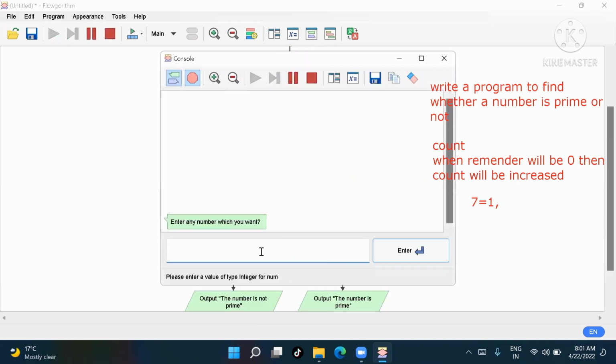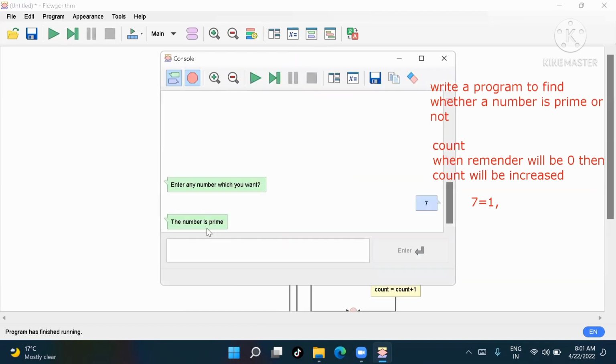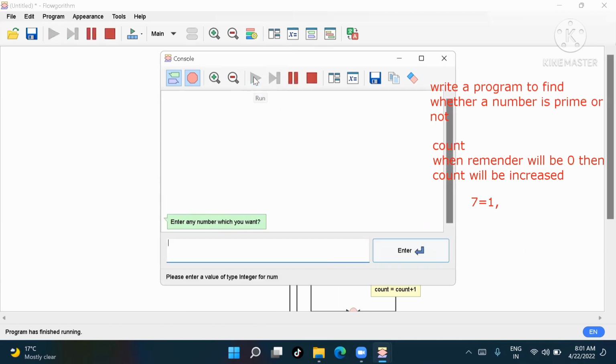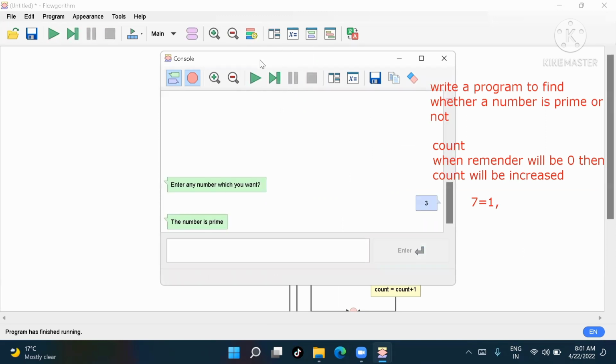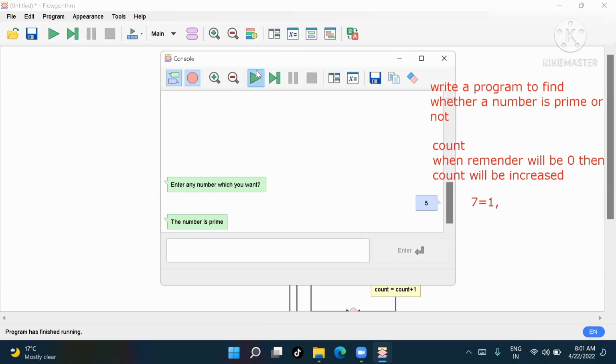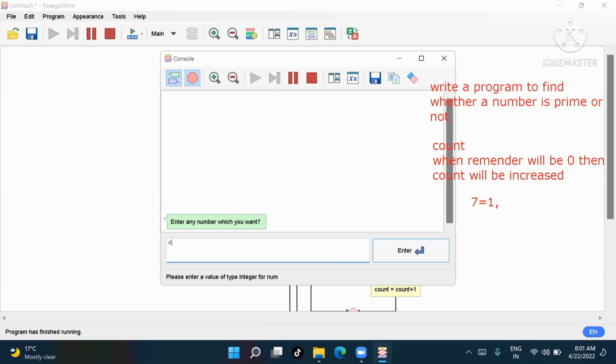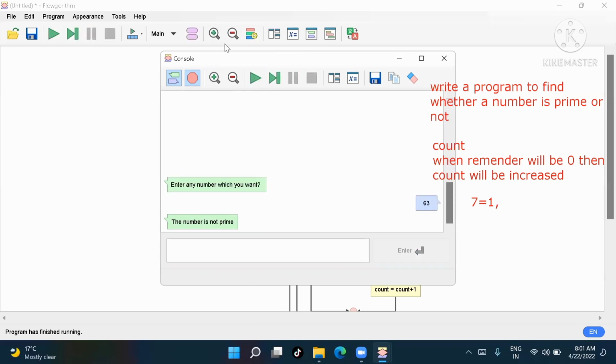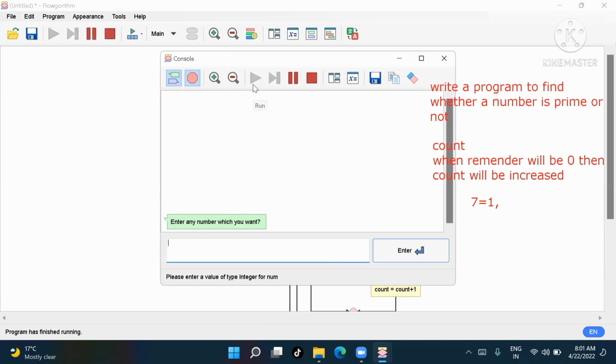I'll check this with 7: the number is prime. I'll check with 3: the number is prime. I'll check 4: the number is not prime. I'll check any number, 5: the number is prime. Anything, 63: not prime. 72: not prime.